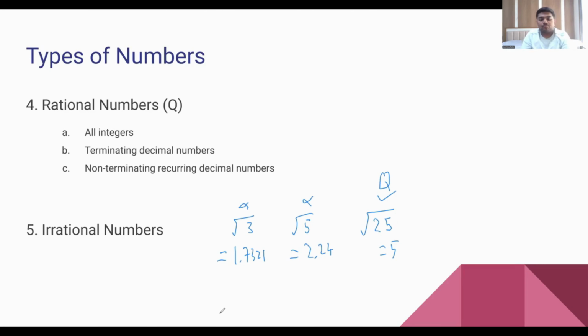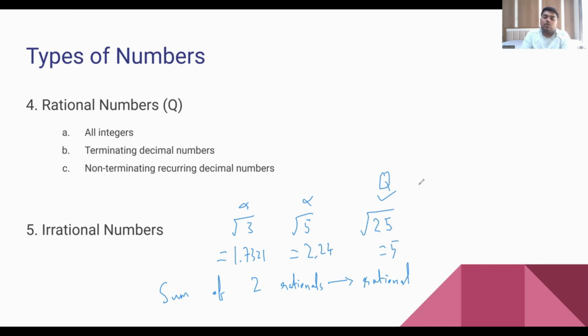Now see, the sum of two rational numbers gives a rational number. But if you add a rational with an irrational or add two irrational numbers, then it will always result in an irrational number.